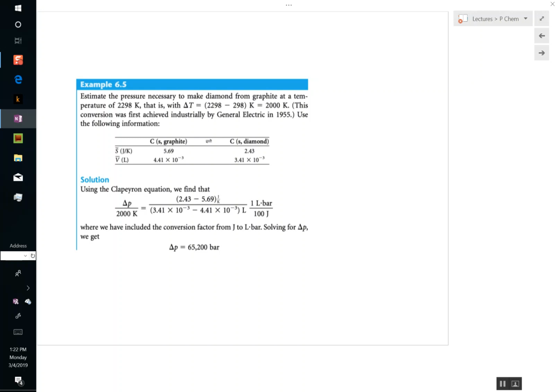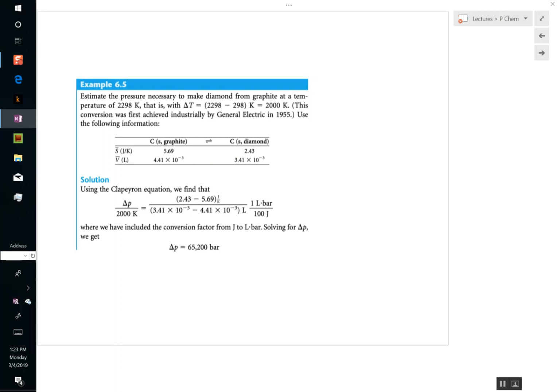Here's coal or graphite, the volume in liters, and the diamond. I mean, that's a big change. Diamonds are a whole lot more dense than coal, 25% more dense. You almost got 1 unit difference out of 4, maybe about a 20% difference.